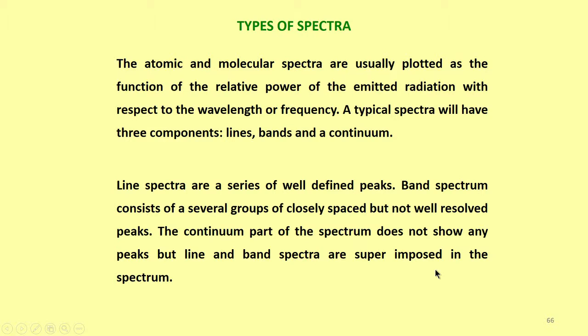Now, there are different types of spectra. The response I was talking to you about, the response of the electromagnetic radiation with respect to wavelength, that is what a spectrograph will do, and what a spectrometer will produce, and a plot is known as spectrum or spectra.